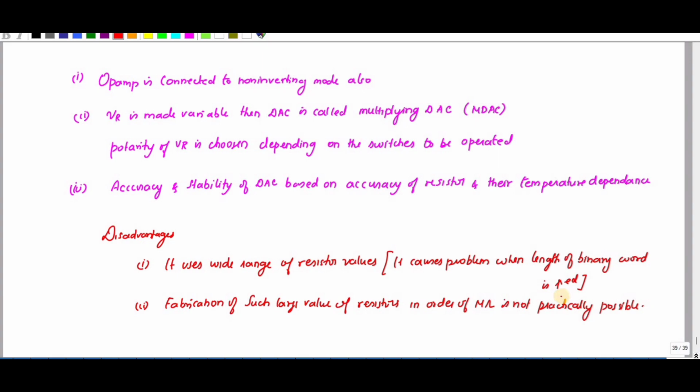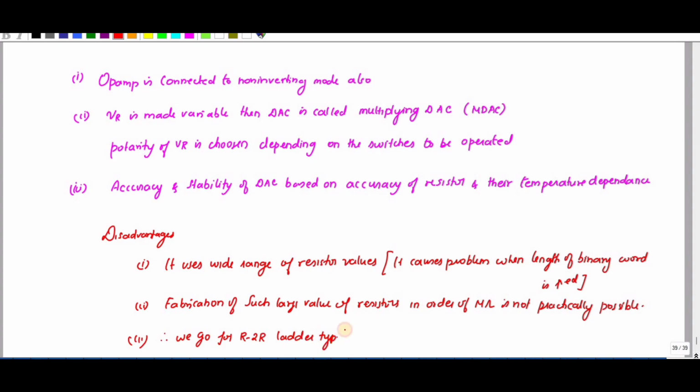So since it is not practically possible, we can go for R-2R ladder. So the next type of DAC is nothing but the R-2R ladder. We are using only R and 2R. Okay, if R value is 5K, we will use 5K and 10K values.